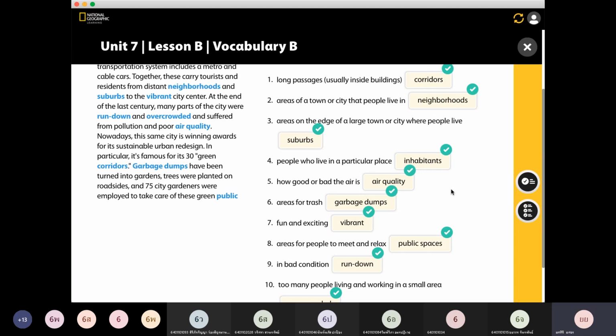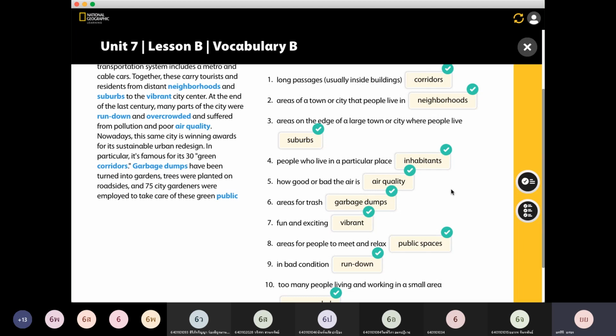I would say it doesn't have to be urban locations. You can use these words to describe some locations that you think are a good place or a bad place to live, something like that.